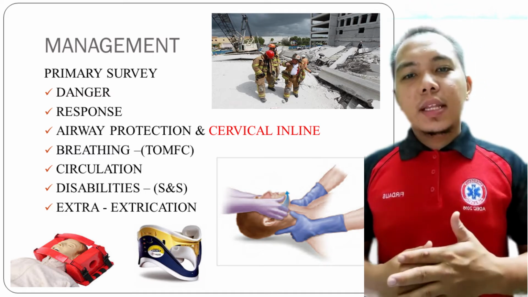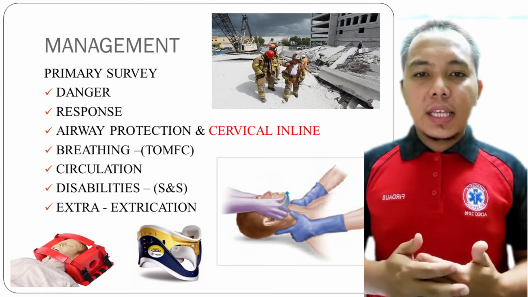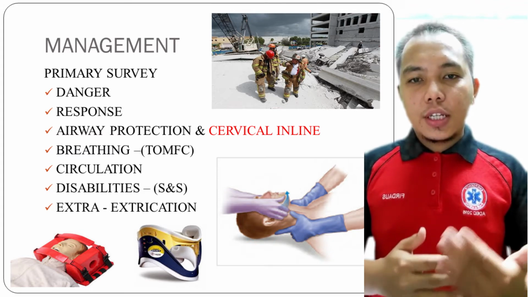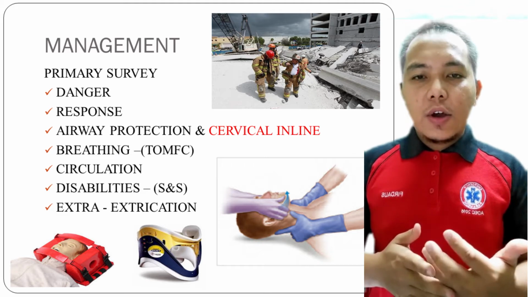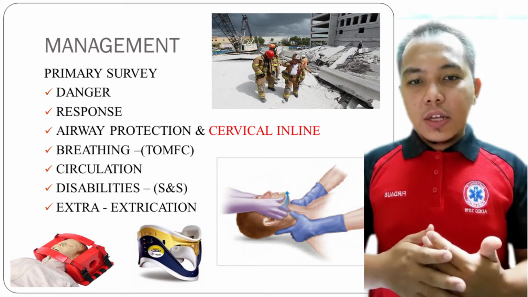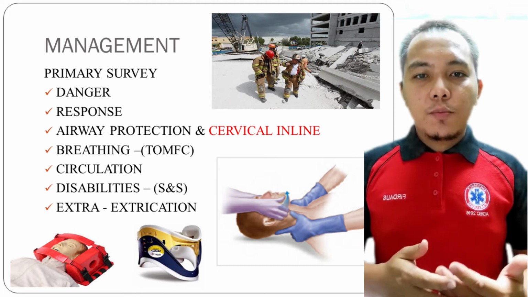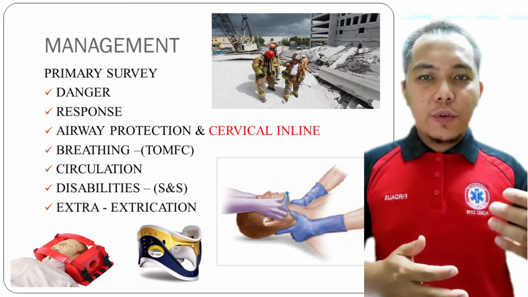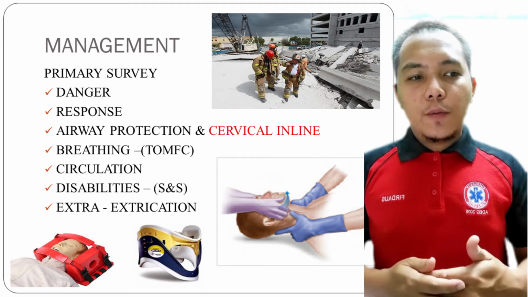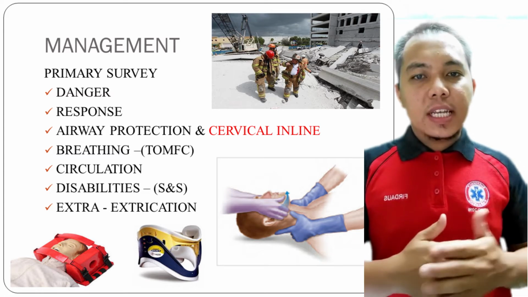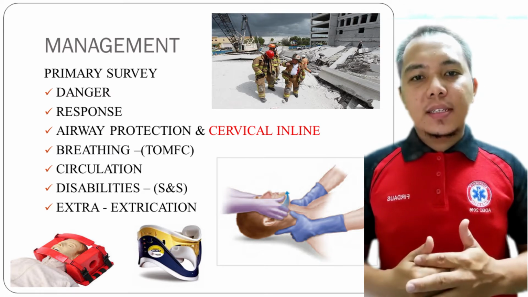Then evaluate disability with the GCS, evaluate for any deformity, and last but not least, we perform extrication to move the patient out of the vehicle or out of the danger area to a safer place for further treatment.